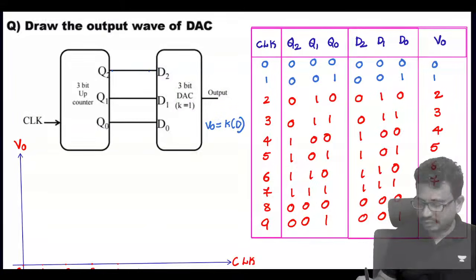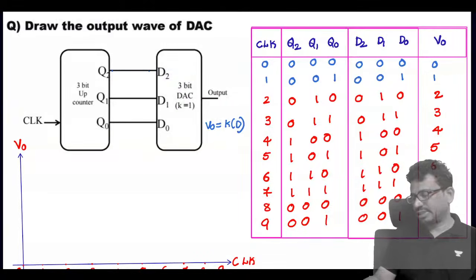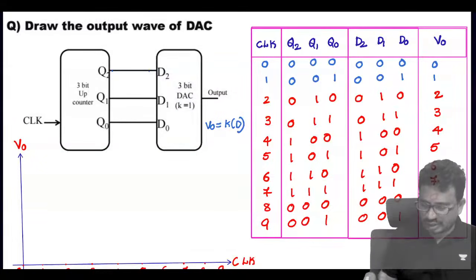This is the fourth clock, and fifth clock, sixth clock, seventh clock, eighth clock, ninth clock. Initially at the first clock we have 0. Then it suddenly rises to 1. Up to the second clock it is 1 only.